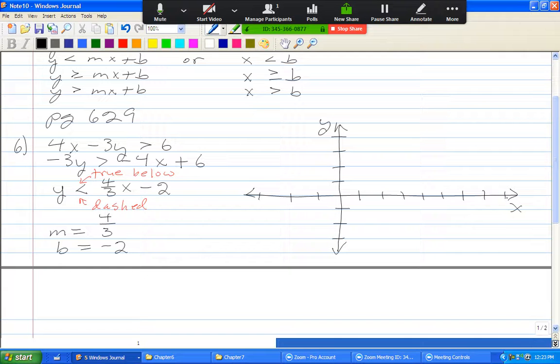Okay, so the y-intercept is negative 2, and we have a slope of 4/3. So go up over 3, I guess. 1, 2, 3, up 4. 1, 2, 3, 4. So it should look something like this.